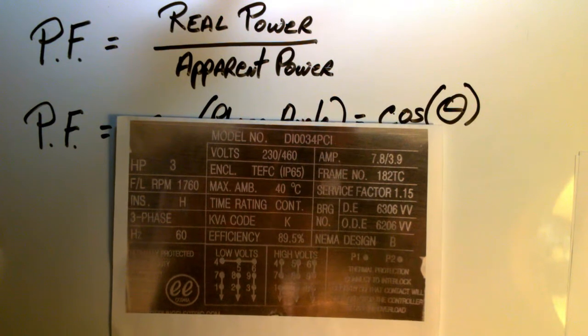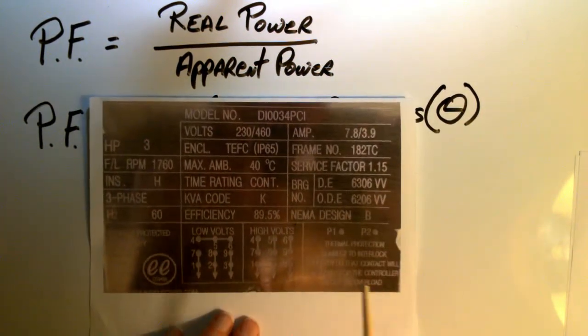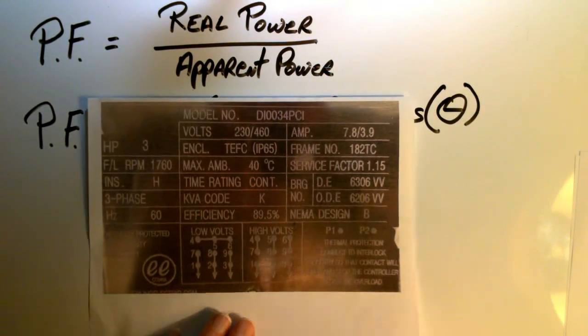We lose 10.5% through a bunch of items such as friction, windage, that's the moving of air, inertia, starting, stopping, eddy currents, hysteresis, etc., and the list goes on. Right now that's not important to us because we're not motor builders. All we want to do is get a decent job working with nameplates.